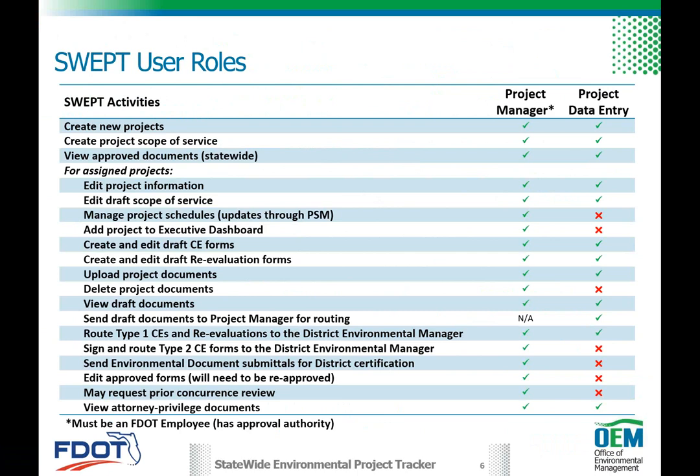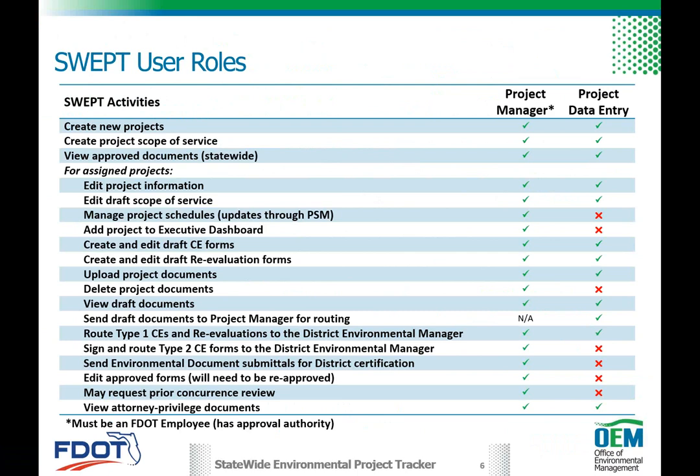Whatever they do ultimately flows from them, either up through a project manager that's assigned or potentially up through an environmental manager at the district level. Then you've got a project manager. A project manager has some additional rights for a Type 2 or reevaluation. They're the individuals that are either signing or reviewing the forms as they pass through on to the Office of Environmental Management for signature.